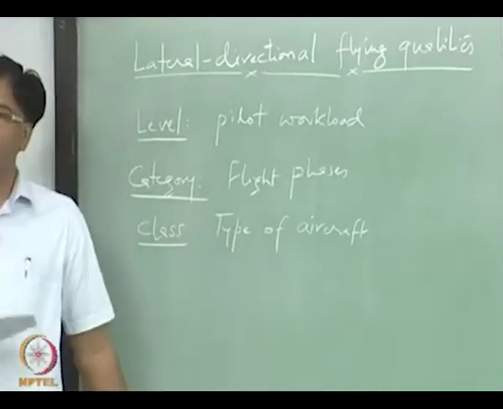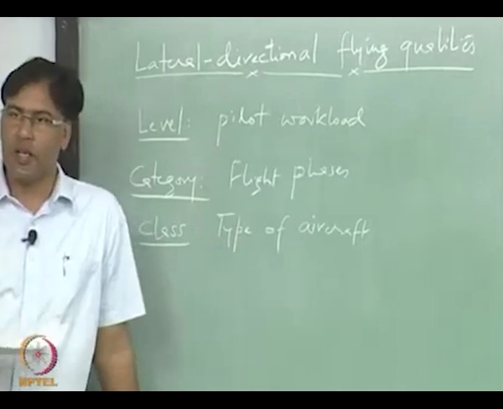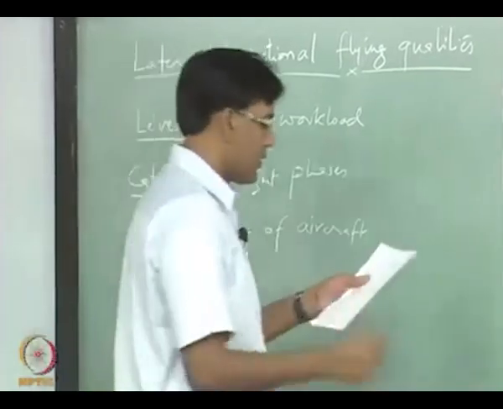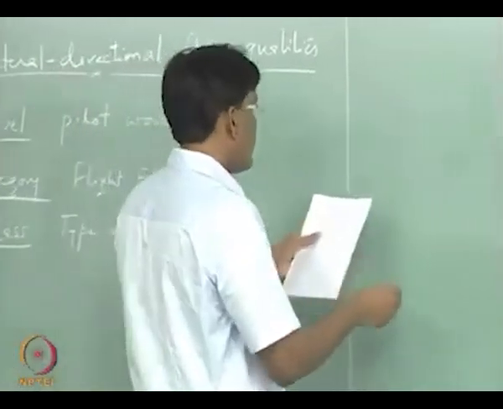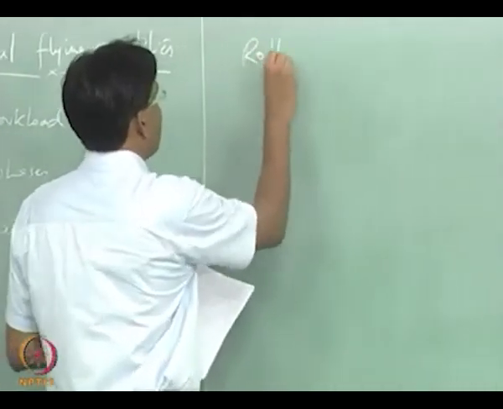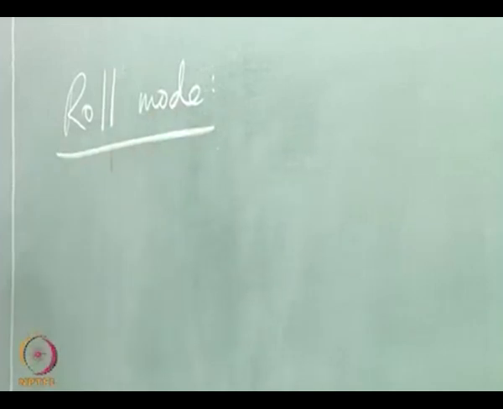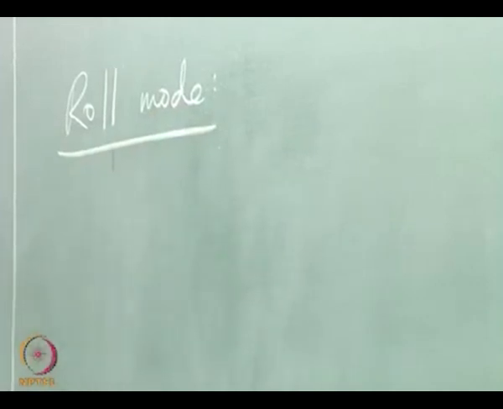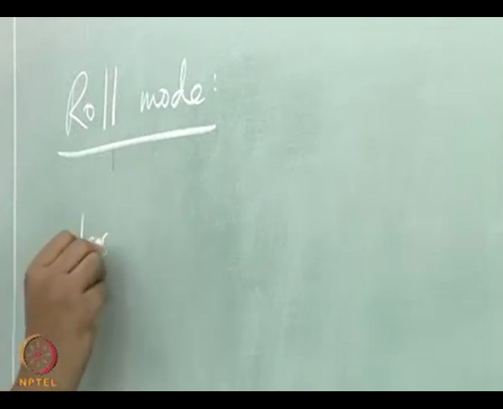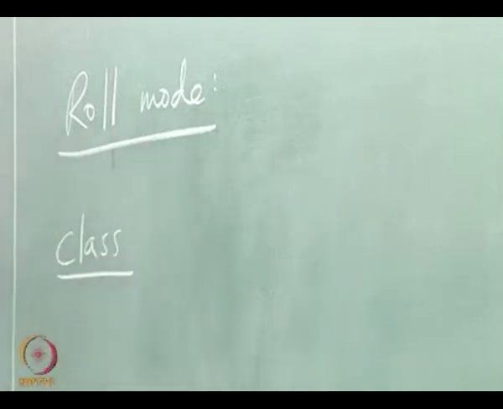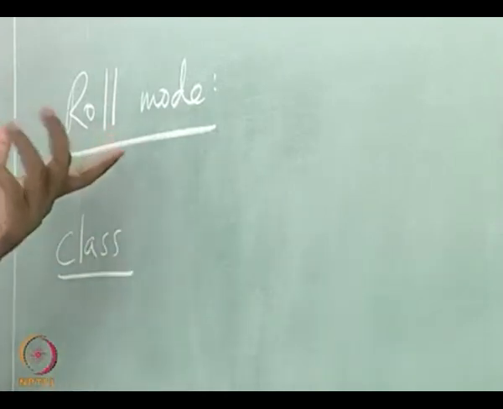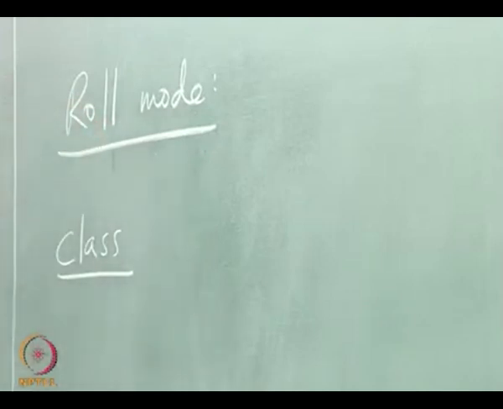Isn't it? So, let us look at some figures for each of the lateral directional modes of aircraft, right. So, the first mode is the roll mode, and the number is going to be only specified in terms of the time constant of the motion, right. We have only one characteristic parameter defining the motion, and that is the time constant.